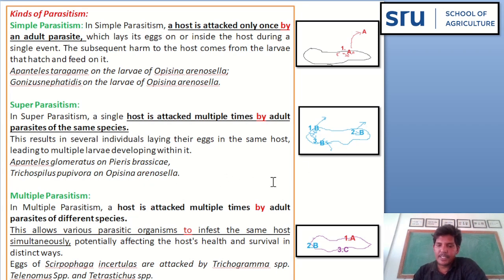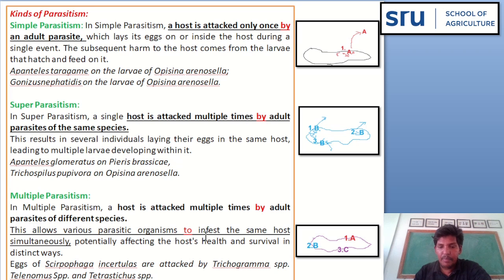Multiple parasitism. In multiple parasitism, the host is attacked multiple times, one time, two times, three times, by adult parasites belonging to different species. A, B, C belong to different species. When a host is attacked multiple times by various species of parasites, it is multiple parasitism.